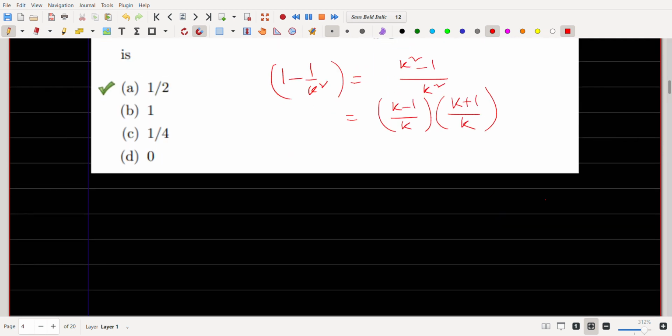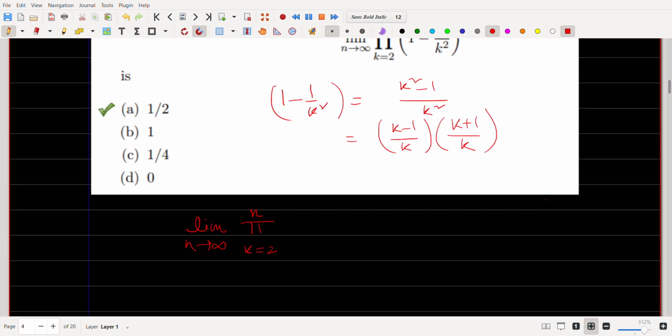Okay, now if you want to write the limit as n goes to infinity of the product for k equal to 2 to n of 1 minus 1 by k squared, then you have 1 by 2 times 3 by 2.